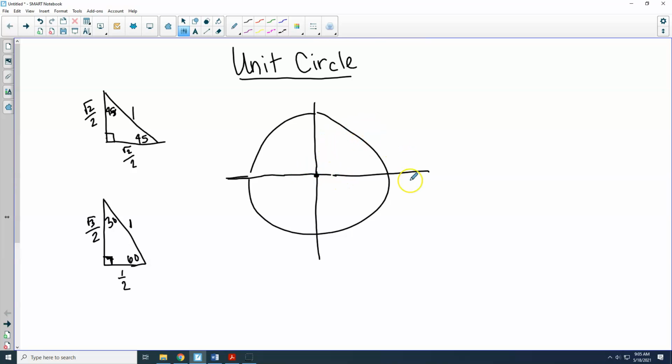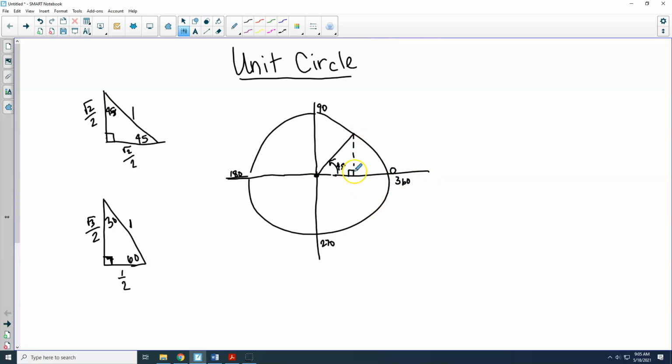So the first thing I'm going to do, we know that this starts at 0, goes to 90, goes to 180, 270, and then back to 360. So a complete revolution is 360. If I take and divide or rotate an angle from here, halfway between 0 and 90, that's 45 degrees, right? So I'm going to rotate 45 degrees, and then I'm going to drop a perpendicular down to the x-axis.